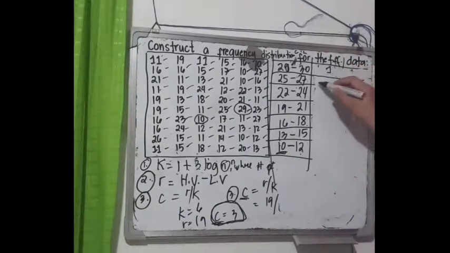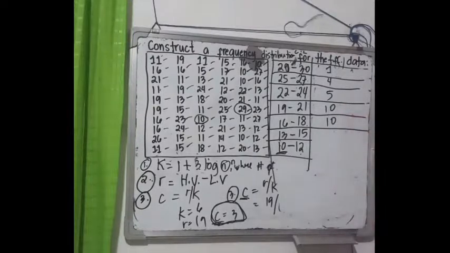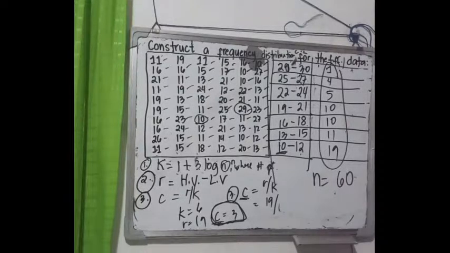First is 1. Next is 4. Next is 5. Next is 10. And this one is 10. Next, 11. Next is 19. If we add all of these, the result is n equals 60.